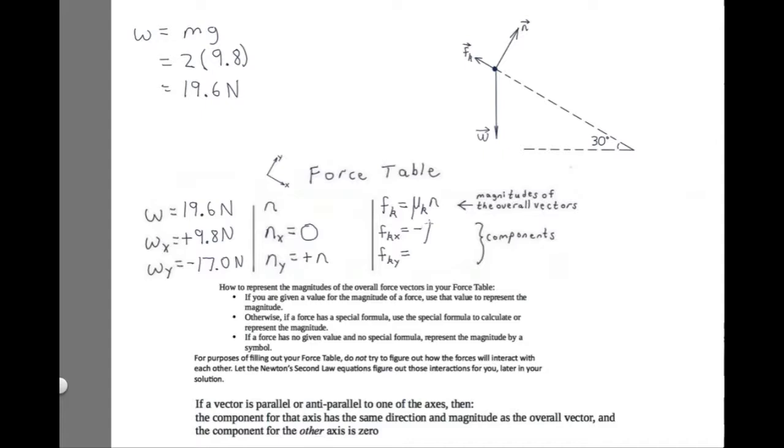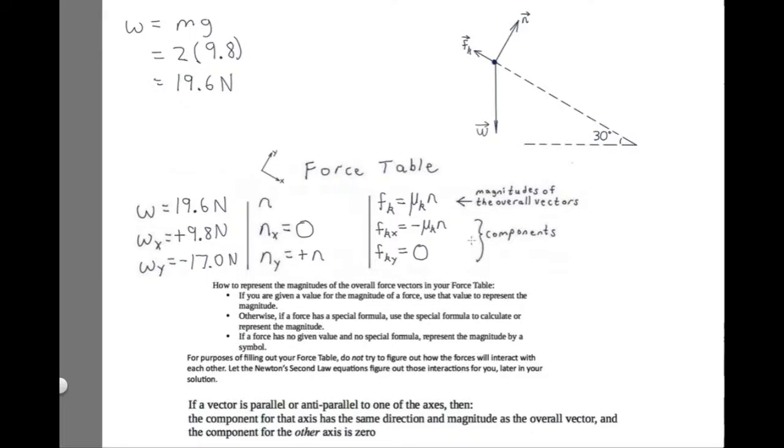So we'll represent the magnitude of the x component by that same algebraic expression, mu k times little n. And then the component for the other axis, the y-axis, should be 0.